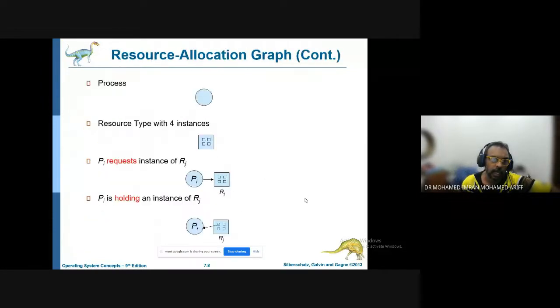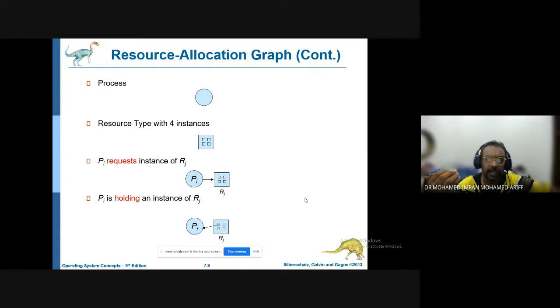So what is a process? In diagrams, we have a process as a circle, and resource type and instance. There are 2 conditions where we can define a resource type and instance. A resource can be a hardware; a printer can also be a resource.